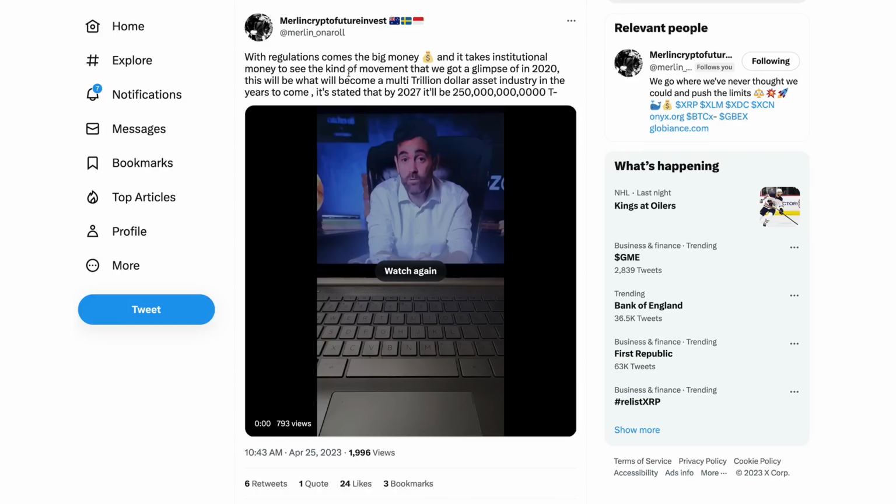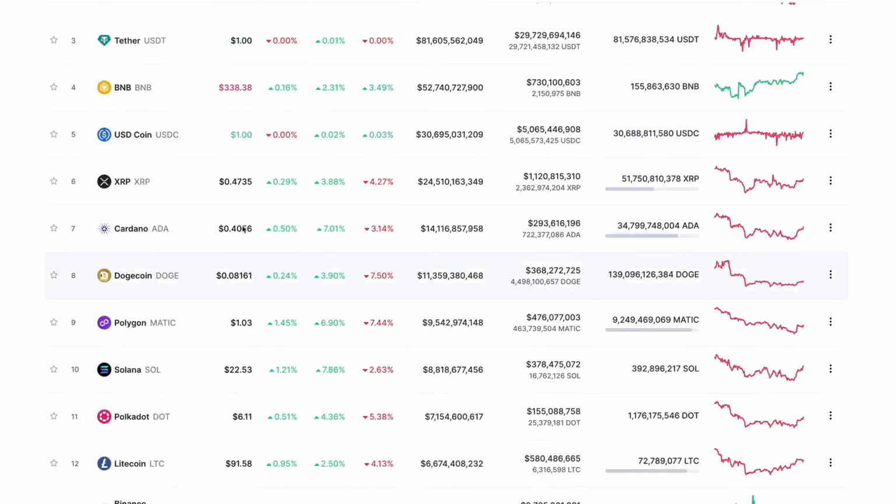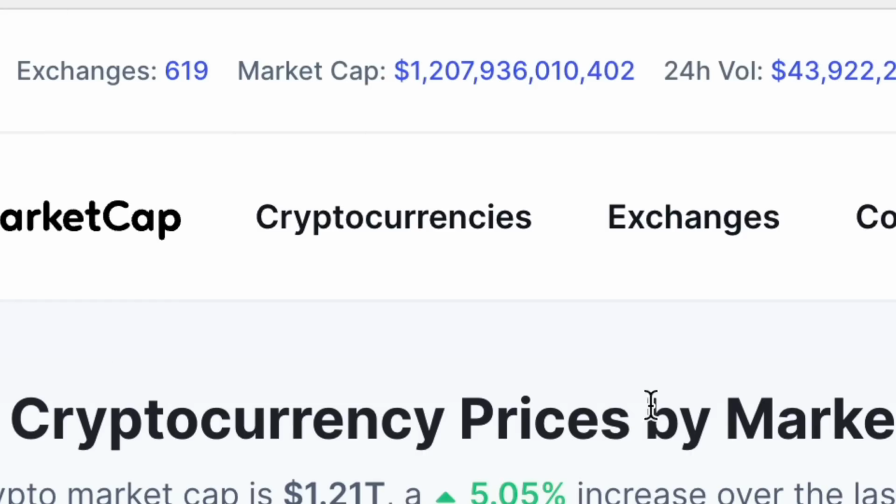With regulations comes big money, and it takes institutional money to see the kind of movement that we got a glimpse of in 2020. This will be, guys, listen carefully, this will be a multi-trillion-dollar asset class in the years to come. It's stated that by 2027, it will be worth, now get this, $250 trillion. Let's put that into perspective, guys. Today, the market is worth $1.2 trillion.